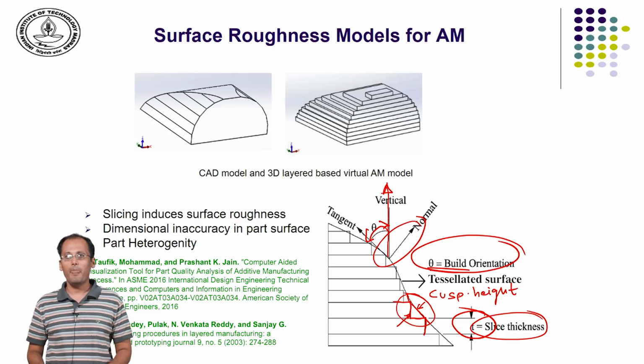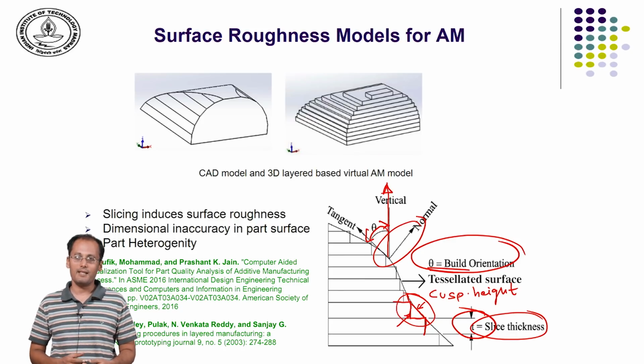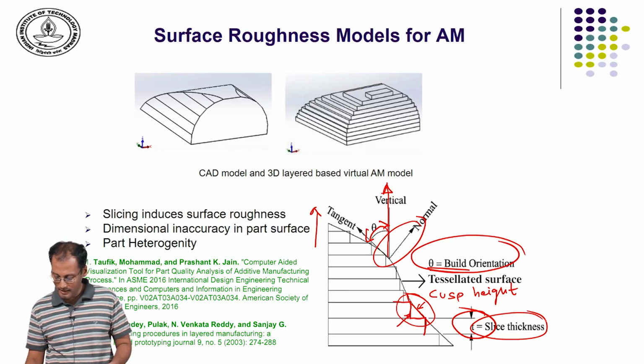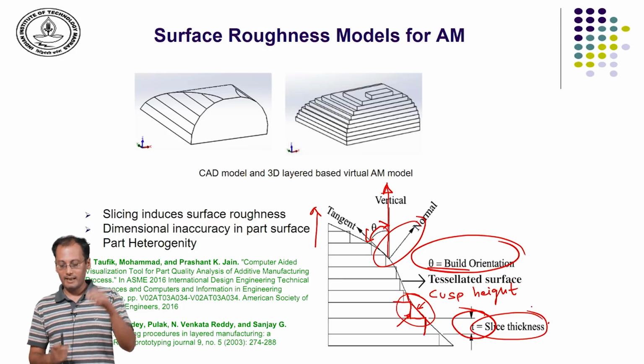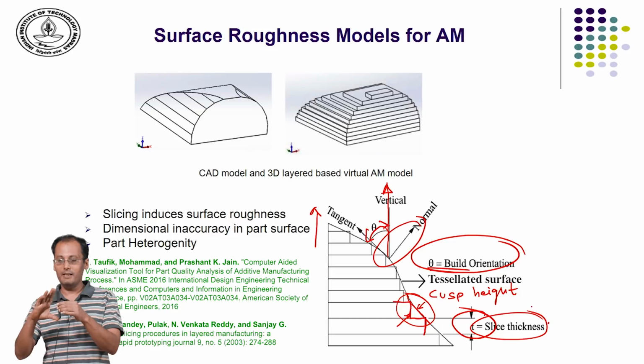need to spend more time in having this part fabricated, because we need to build more slices, and the build time in an additive manufacturing process depends upon the total height of the part that needs to be built and the slice thickness. So, the build orientation affects the total height of the part, because if I take this pen and build it vertically, then my total build height is more.